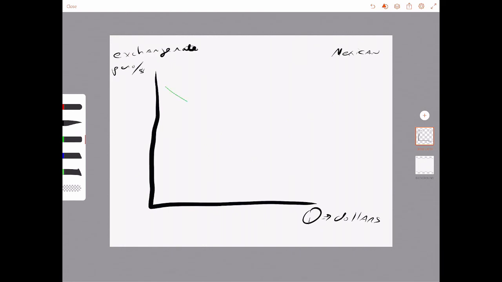So, here's the demand. And here's the supply. Now, the supply is just a straight line because the supply is fixed due to the fact that the amount of currency is controlled by the government. So the amount of currency is not affected here by anything that happens in the market.